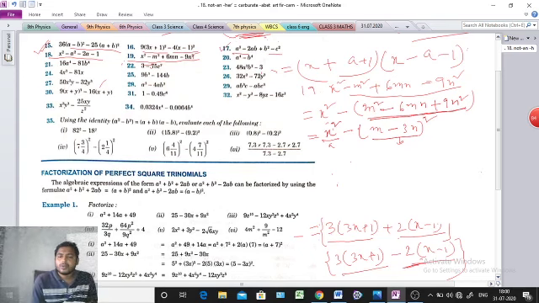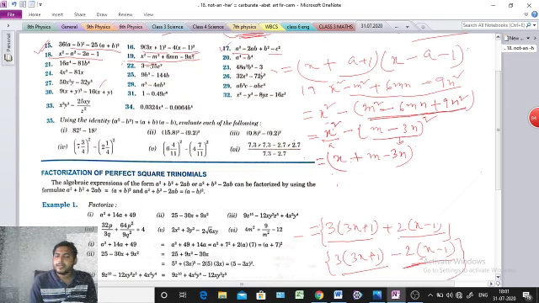Understood? Next, the a square minus b square formula: a plus b into a minus b. So here a means x, plus b means m minus 3n.